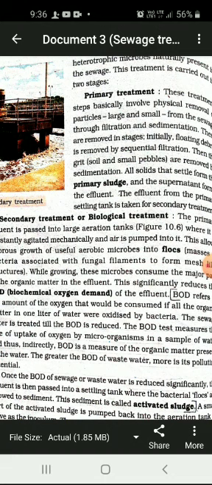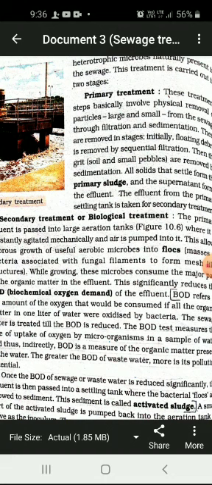The sewage water is treated till BOD is reduced. The BOD test measures the uptake of oxygen by microorganisms in a sample of water, and thus indirectly BOD is a measure of the organic matter present in the water. The greater the BOD of wastewater, the more is its polluting potential.